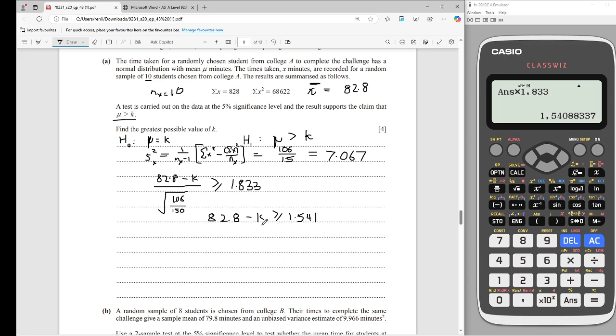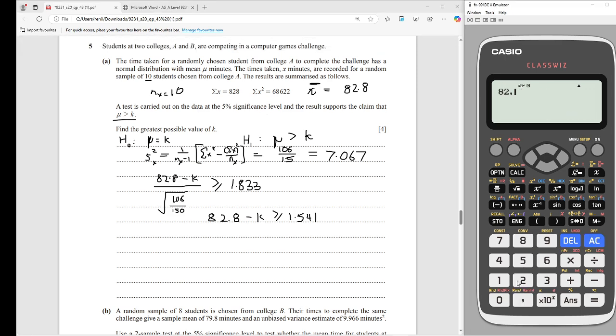And now we can add k on both sides and subtract 1.541 from both sides. So if you subtract 1.54 from both sides, you get 81.3. We can keep it at 3 significant figures because it's an answer. And when you're adding k on both sides, k comes to the right side, so k must be lesser than or equal to 81.3. This is the value for k.